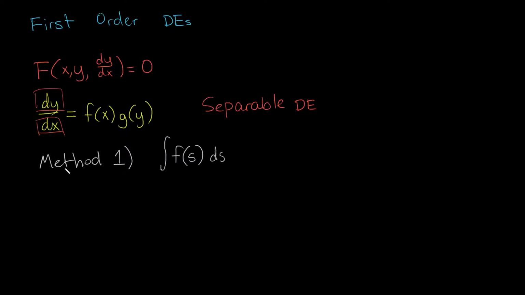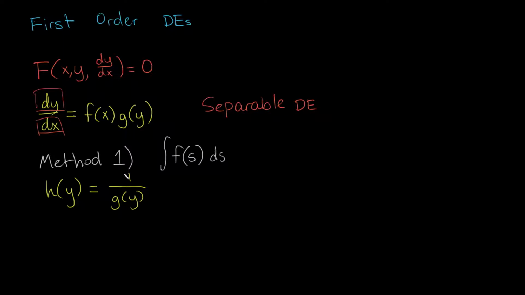We can define a function h of y to equal 1 divided by g of y. The reason I said 1 divided by g of y is because we're about to divide g of y on both sides.